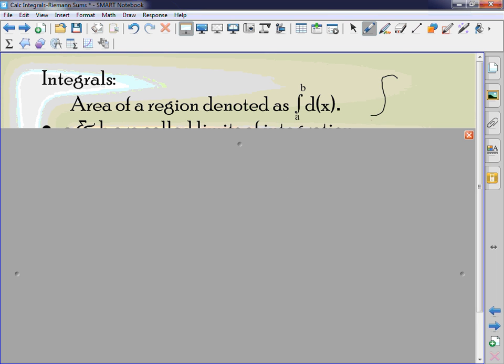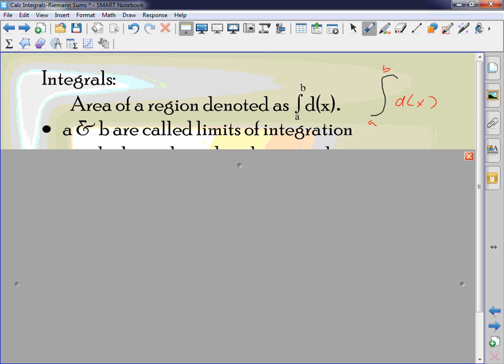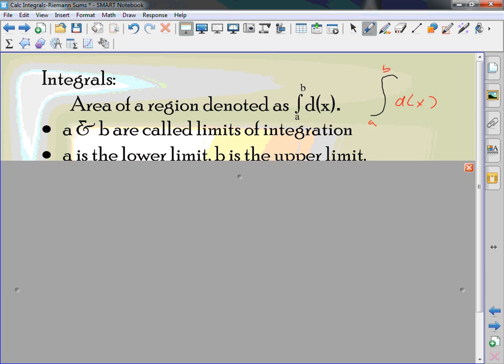I have A down here, B right here, of dx. A and B are the limits of integration. In other words, they are my endpoints. That's my start, that's my end. A is called the lower limit, B is called the upper limit.